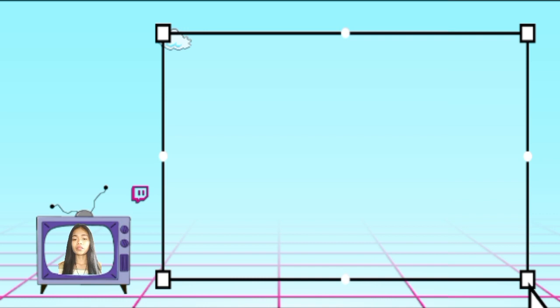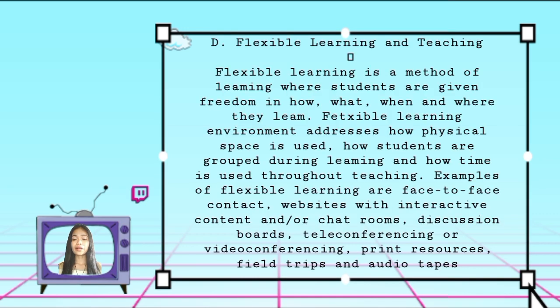Some methods and strategies in learner-centered teaching include active learning techniques, inquiry-based learning, cooperative learning, problem-based learning, and flipped classroom. These approaches encourage students to take ownership of their learning, promote critical thinking, and foster deeper understanding of the subject matter. Now, let me start with my first topic, which is flexible learning and teaching.